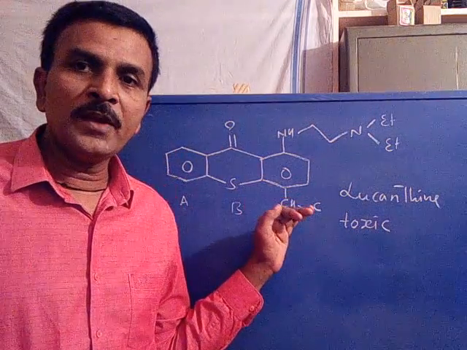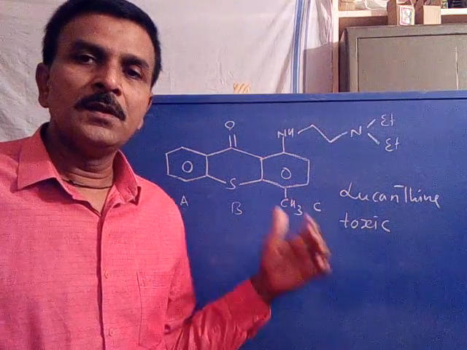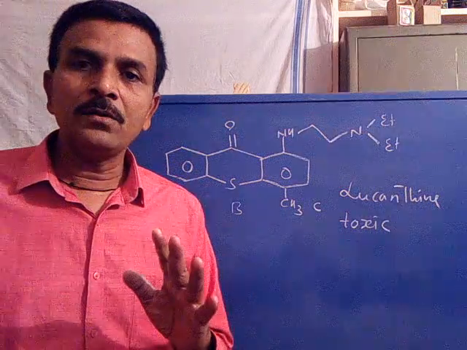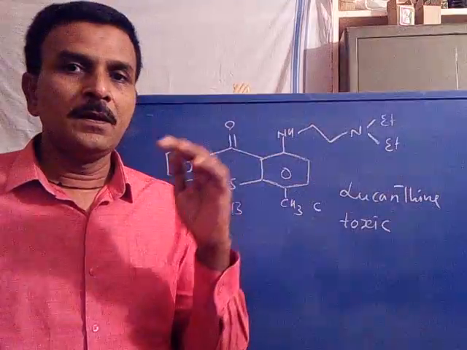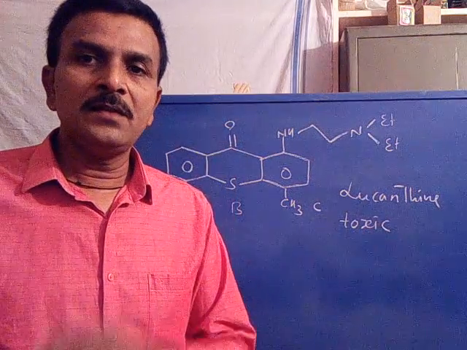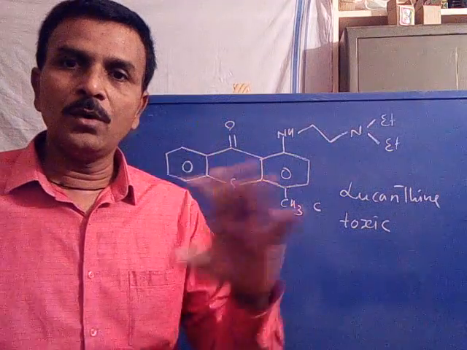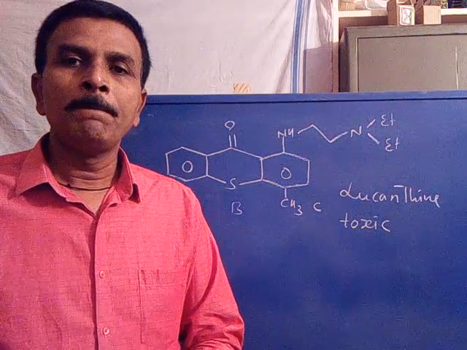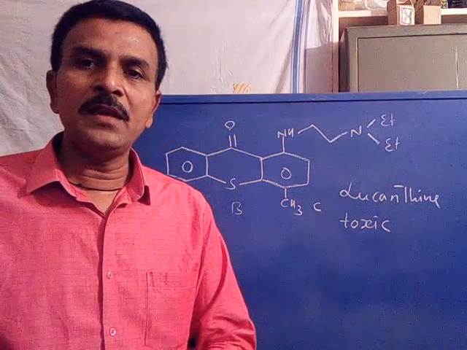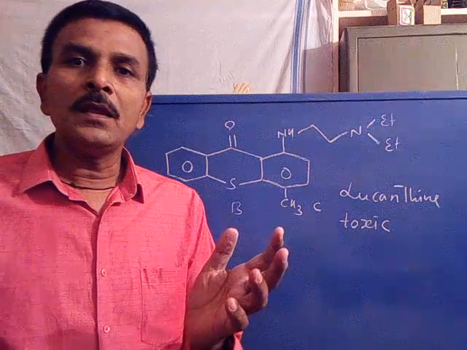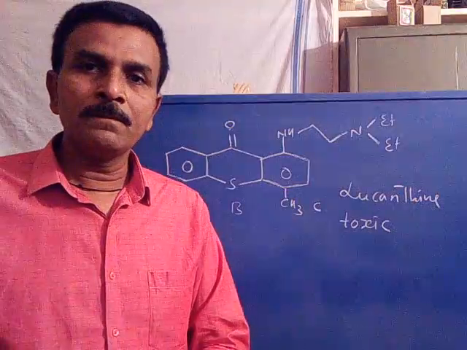Are you following? Leucanthine is a tricyclic derivative consisting of A, B, C rings. However, it is active, but it also produces toxicity. In order to remove the toxicity and also minimize the side effects associated with leucanthine, many derivatives were prepared from the structure of leucanthine.